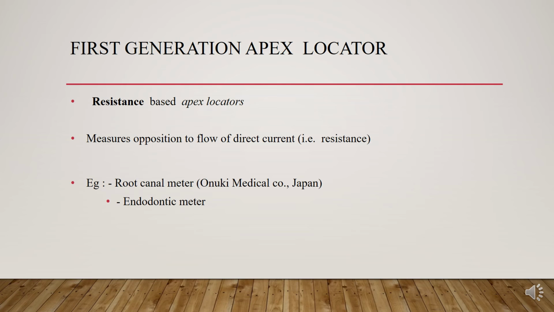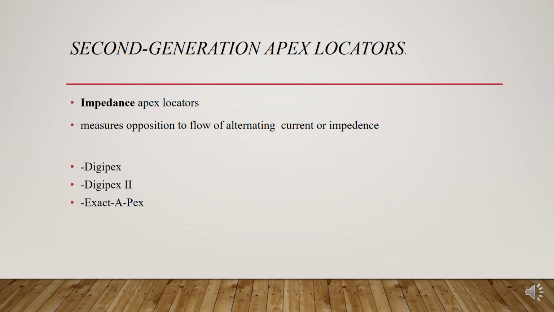The examples for first generation apex locator are Root Canal Meter and Endodontic Meter. Later, the second generation apex locator, which is based on impedance. Impedance is the opposition of flow to alternating current. The examples for second generation apex locators are Digipex, Digipex 2, Exact, Apex.